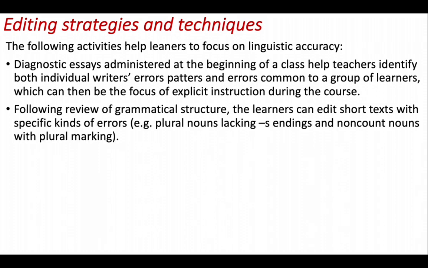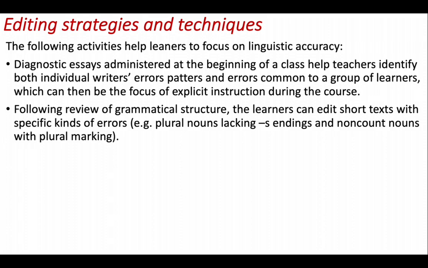Following review of grammatical structure, the learners can edit short texts with specific kinds of errors. For example, if you are focusing on subject-verb agreement, and you see that that is one of the issues the learners have in your classes, then you can give them a text with many errors like subject-verb disagreement, where they are not connecting very well, and they have to correct that.